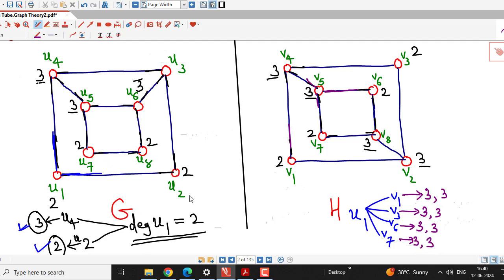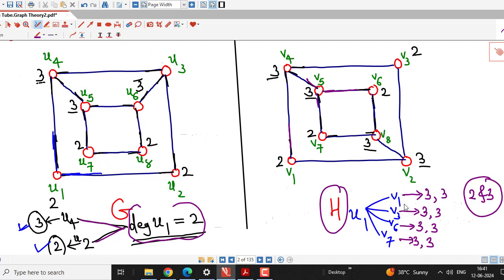So if I want to define an isomorphism, then for the image of u1 I must consider a vertex of degree 2 from graph H, and because in graph G u1 is adjacent with vertices of degree 2 and 3, I must have the image of u1 adjacent with vertices of degree 2 and 3.